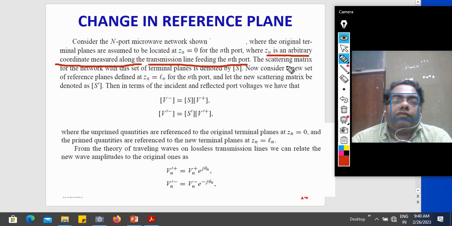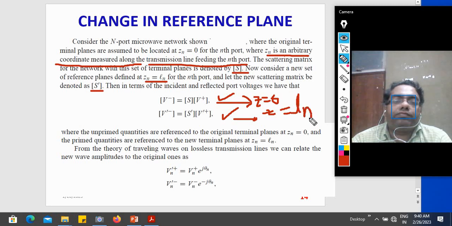Now the scattering matrix for the network with this set of terminal planes is denoted by S. And when we are considering Zn equals Ln, its S matrix is denoted by S dash or S prime. So we get the definition of the S matrix for S and S dash, from the definition, for two different planes: this is for Z equal to 0 and this is for the Z equal to Ln plane.